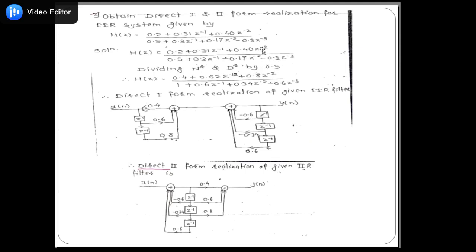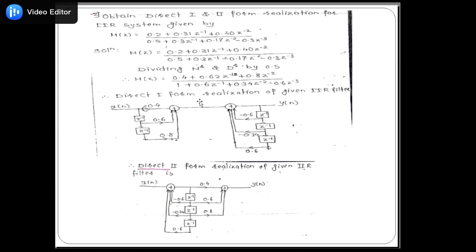Suppose you consider this equation, then you have to divide this equation by 0.5, that will provide the equation 0.4 plus 0.62 z to the power minus 1 plus 0.8 z to the power minus 2 divided by 1 plus 0.6 z to the power minus 1 plus 0.34 z to the power minus 2 minus 0.6 z to the power minus 3, right?